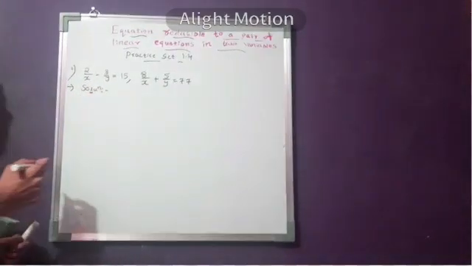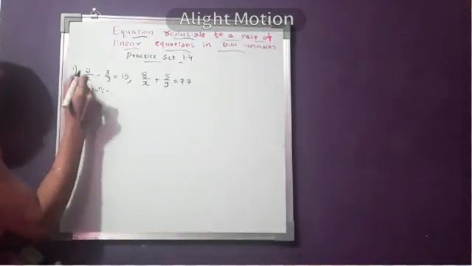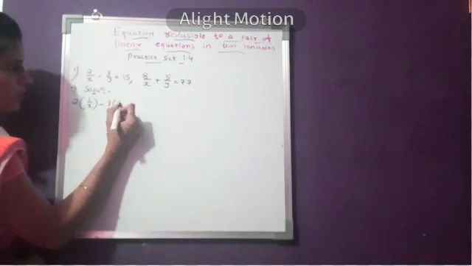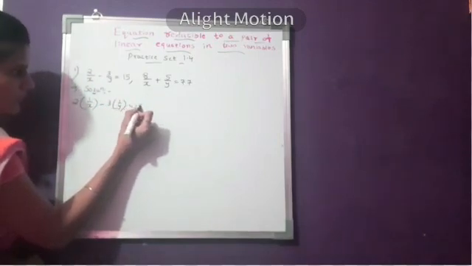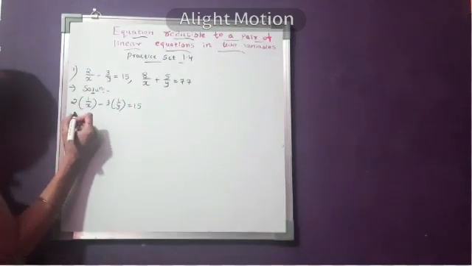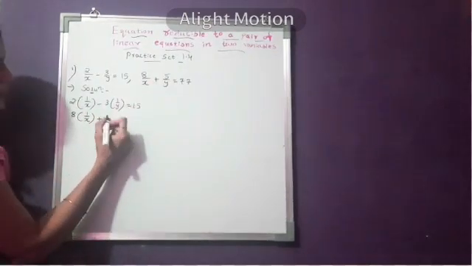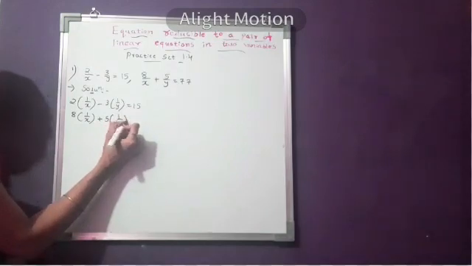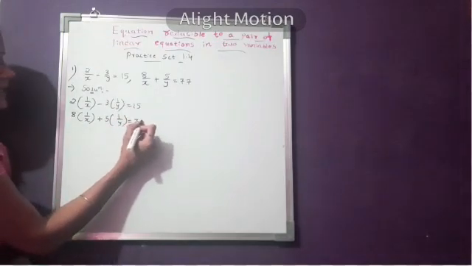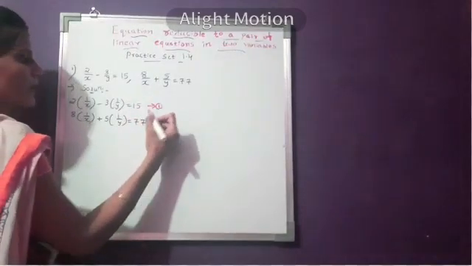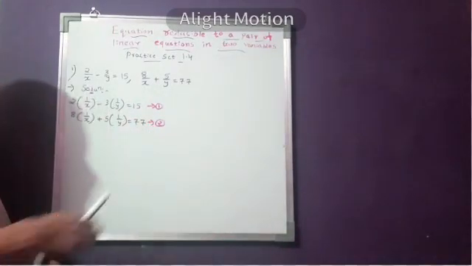I have already told you how to write 2 upon x. This one I can write as 2 into 1 upon x minus 3 into 1 upon y is equal to 15, and this one I will write as 8 into 1 upon x plus 5 into 1 upon y is equal to 77. So let this be equation number 1 and this be equation number 2.